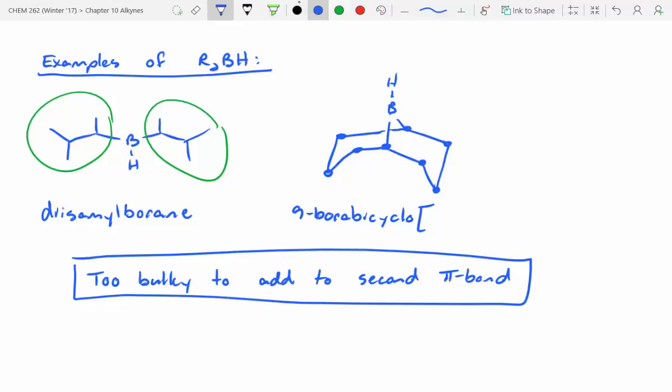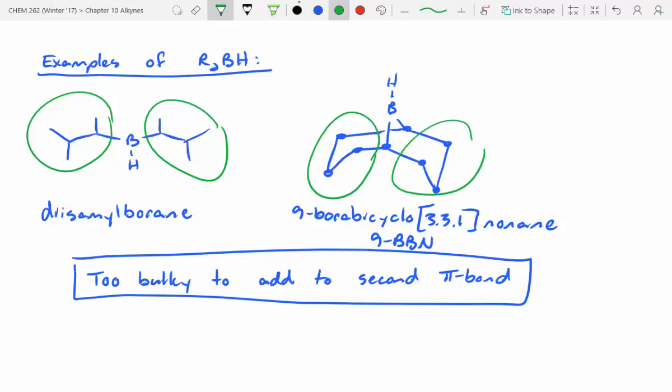So this would be 9-borabicyclo[3.3.1]nonane. This is a mouthful and a half. So what most chemists end up calling this is 9-BBN. Sounds like a Star Wars character. Same situation as before. We've got these big sterically blocking groups so that it can only add to one of the pi bonds, not both of the pi bonds in your alkyne, and it just stops there.